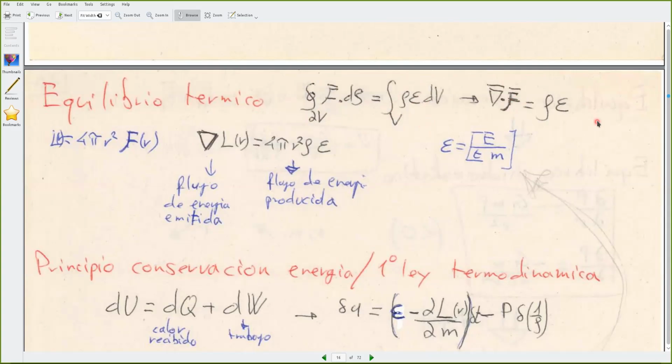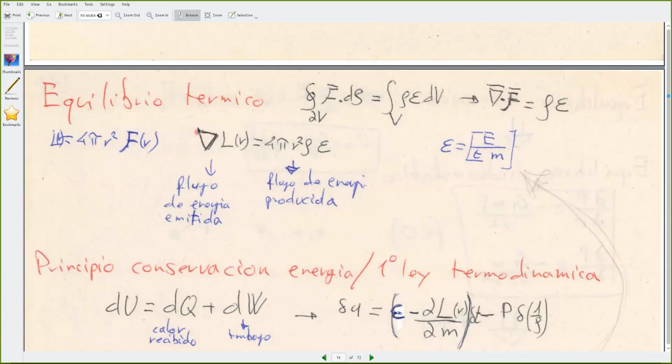That can lead to the divergence of the flux being equal to the density times the energy production rate per unit of mass. The luminosity is the area multiplied by the flux.